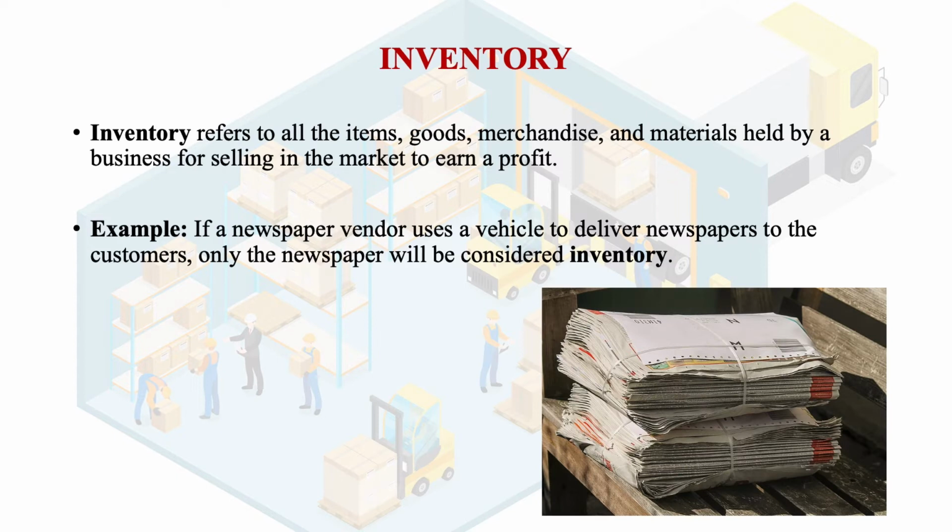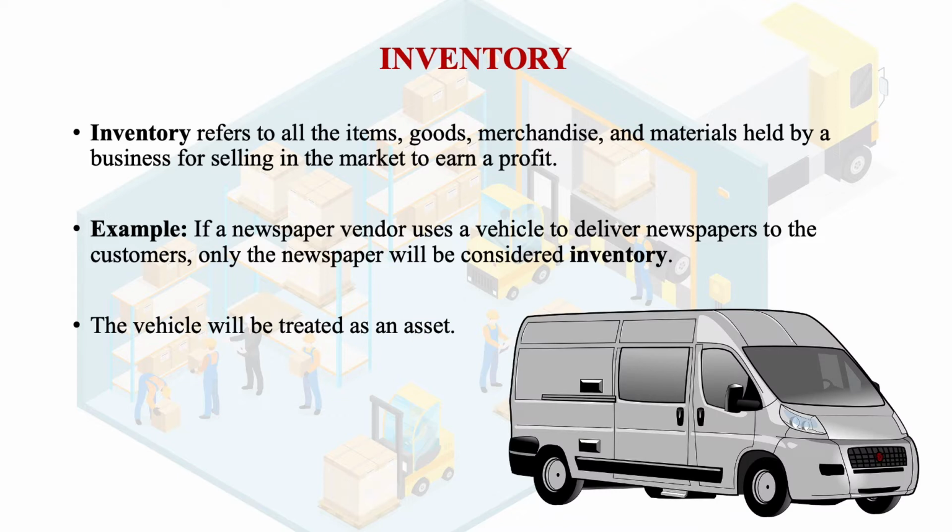If a newspaper vendor uses a vehicle to deliver the newspaper to the customer, only the newspaper will be considered as inventory. The vehicle will be treated as an asset, or it will come under the supporting inventory or the supporting asset.